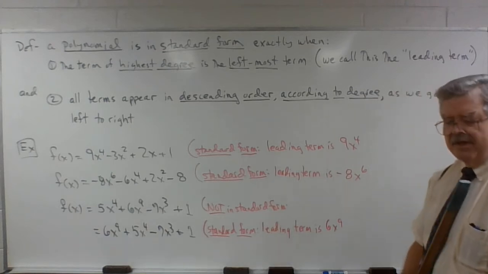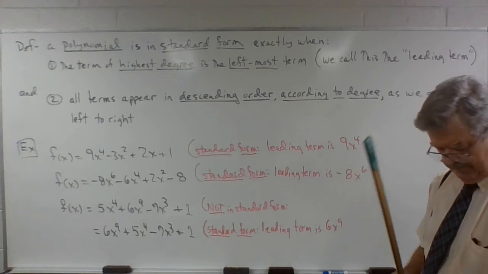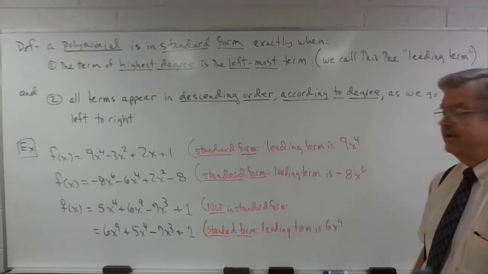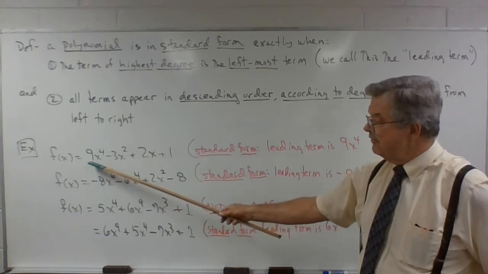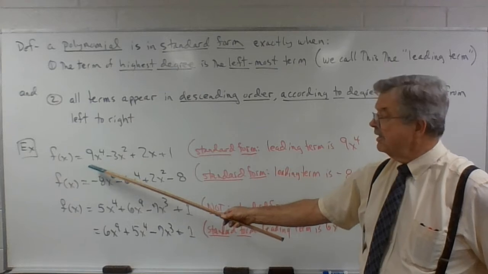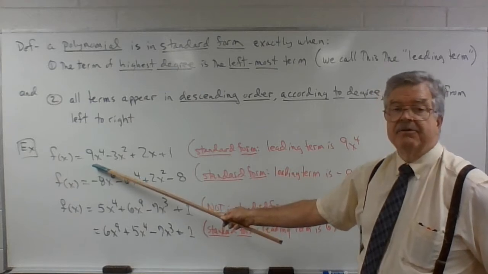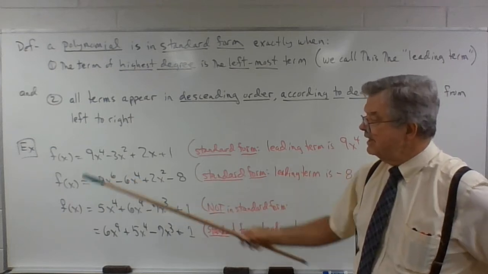Now there's something else that I might want to mention here. Sometimes we talk about a leading coefficient, and a leading coefficient is just the coefficient of the leading term. Here's the leading term, 9x to the 4th. So the leading coefficient would be the coefficient of that leading term.